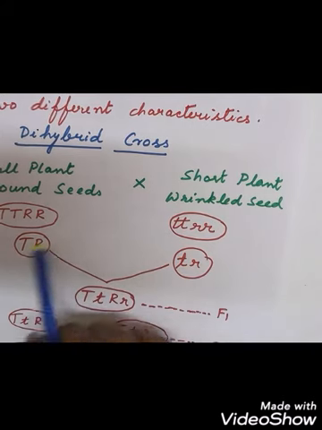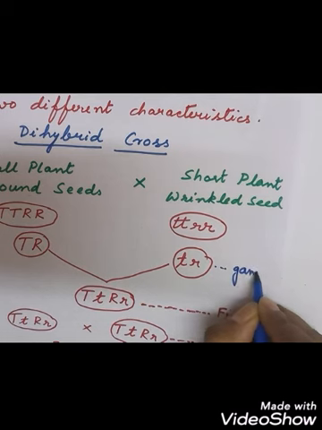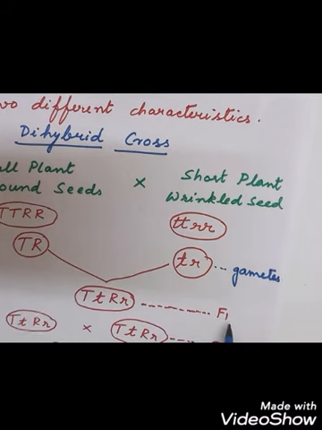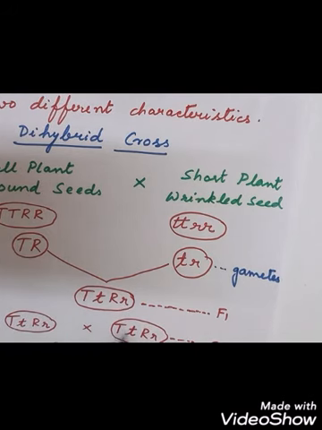These two are the gametes. We can write here, gametes. Then the gametes unite to form the first filial generation, as I told you before. This is the F1 generation, capital T, small t, capital R, small r. Unite these two and you get this F1.